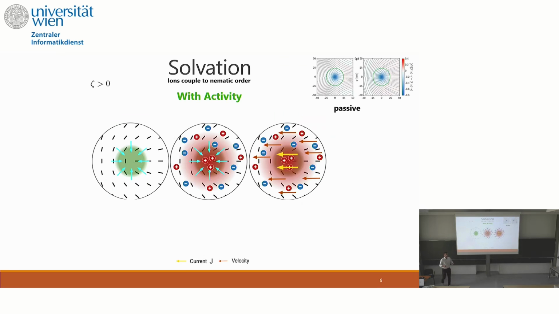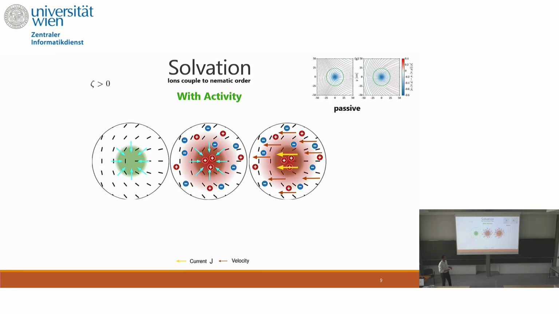So let's see what activity will do to such a system. In this case, we are looking at the +1/2 defect. The first two pictures I showed you already before. Because of solvation, we have some localization of positive ions in the vicinity of the defect core. But because of activity, this +1/2 defect is actually self-propagating.